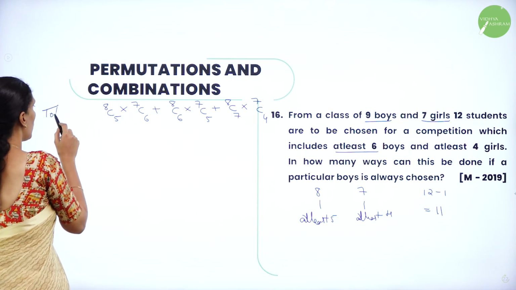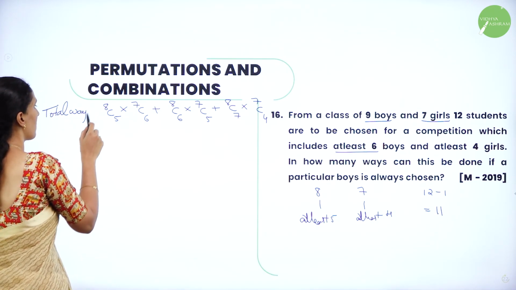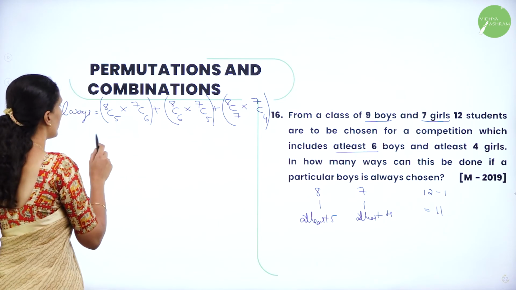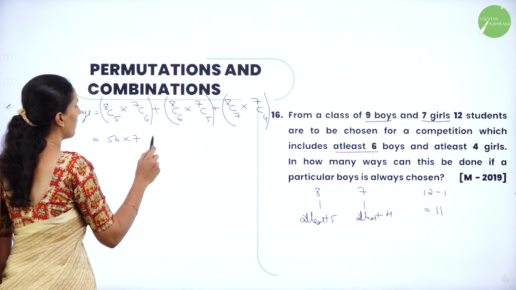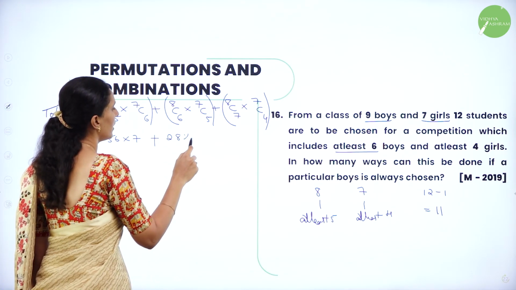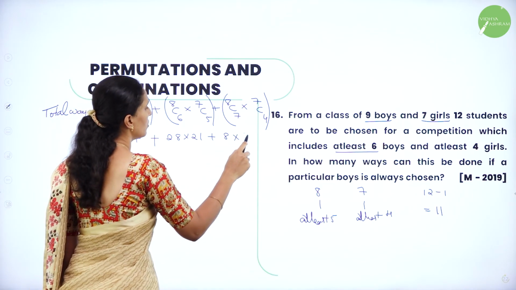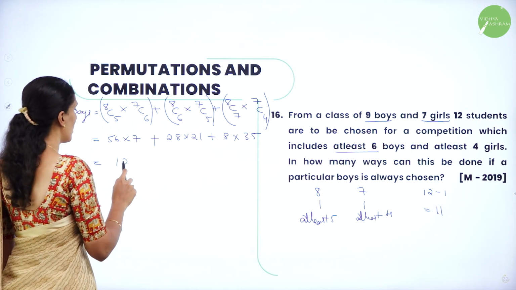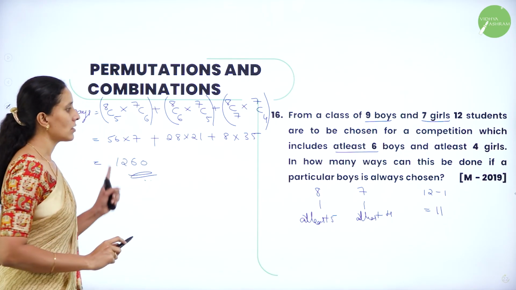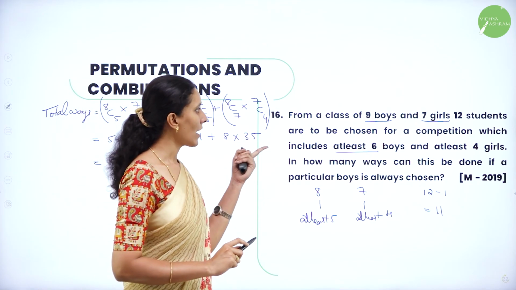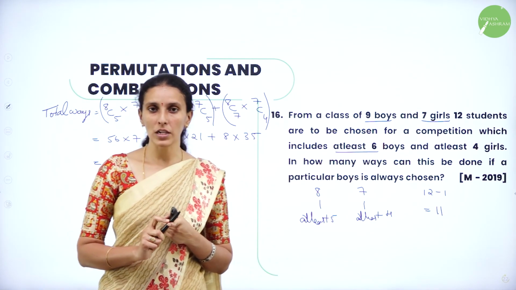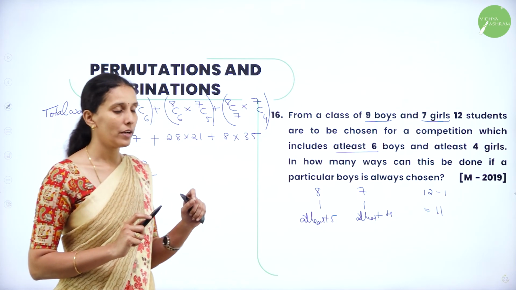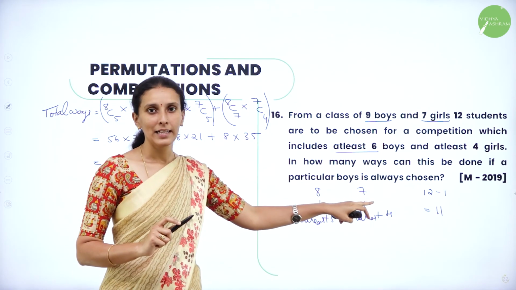So therefore, the total ways will be like this. So you will get 3 combinations of selection. So here we will get it as 56 into 7 plus 28 into 21 plus 8 into 35. So adding all these values, you will get the value as 1260. So this is the number of ways of selecting from 9 boys, 7 girls, from the 12 students, so that one boy is already selected. We need to select only 11 students from the remaining boys and 7 girls.